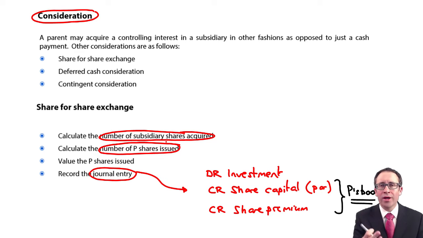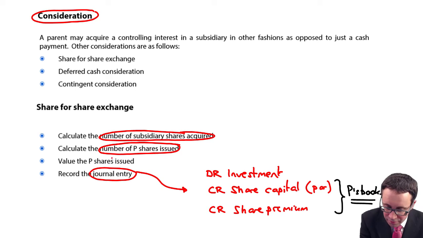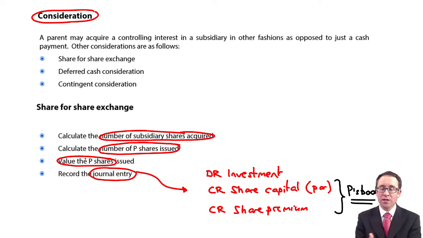So looking at an issue of shares in a similar fashion to what you've seen when you were in financial accounting. The final bit of the jigsaw then is to value the P shares that you've issued. So from the second step, you know the number of shares that you have issued. You then need to value them at the price per share. Okay. Be careful.